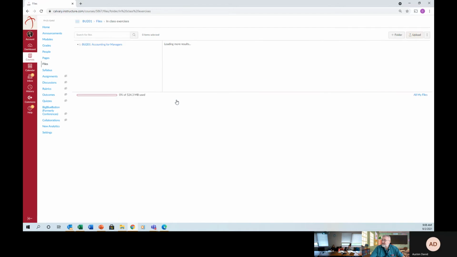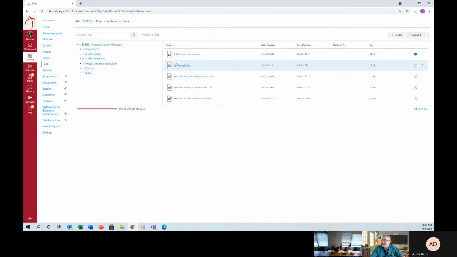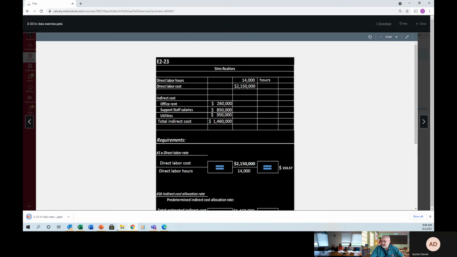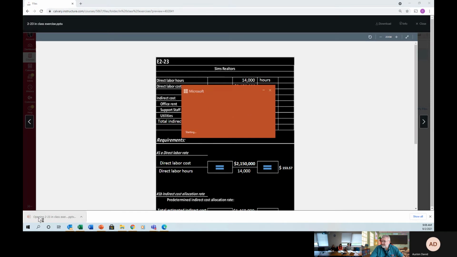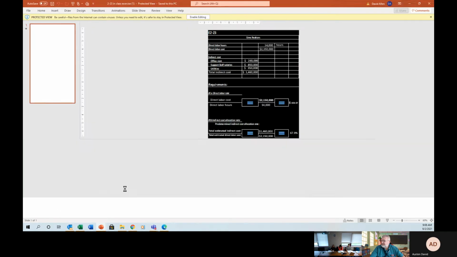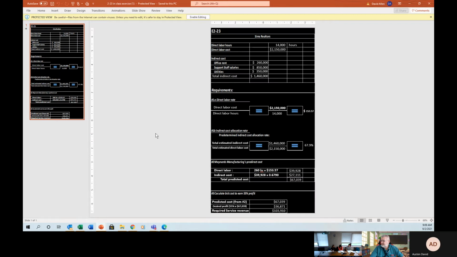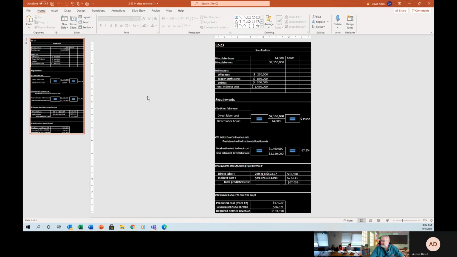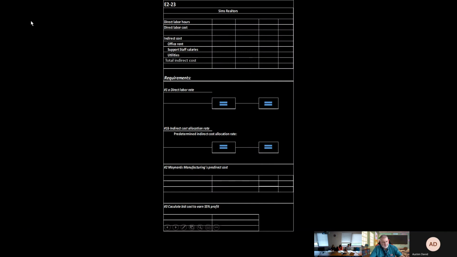If you click on this in-class exercise, that blank spreadsheet that I was showing you is 2-23 blank. But I'm going to pull this exercise up, and then I'm going to hit the download button so that it becomes a slide. There we go. Now I'm getting there.